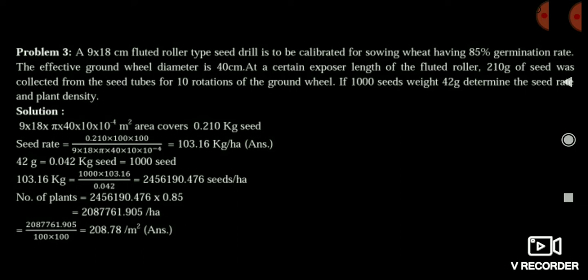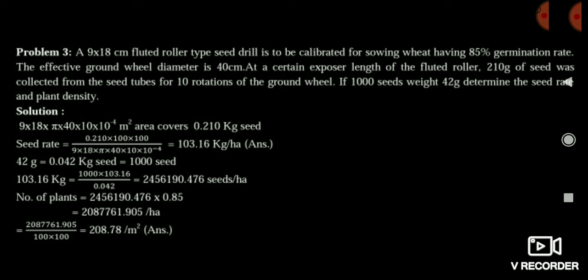Now friends, you can calculate the seed rate. Seed rate is simply the amount of seed per hectare of land. So 0.210 kg of seed is covered in this much area. So divide the amount of seed by the area, and you get the seed rate as 103.16.